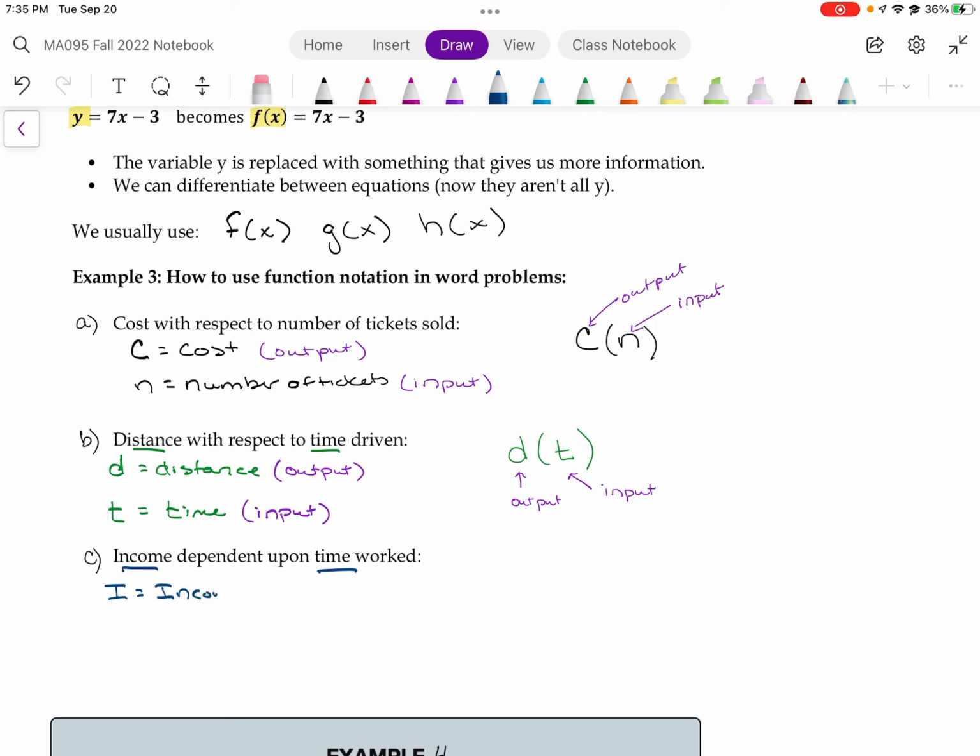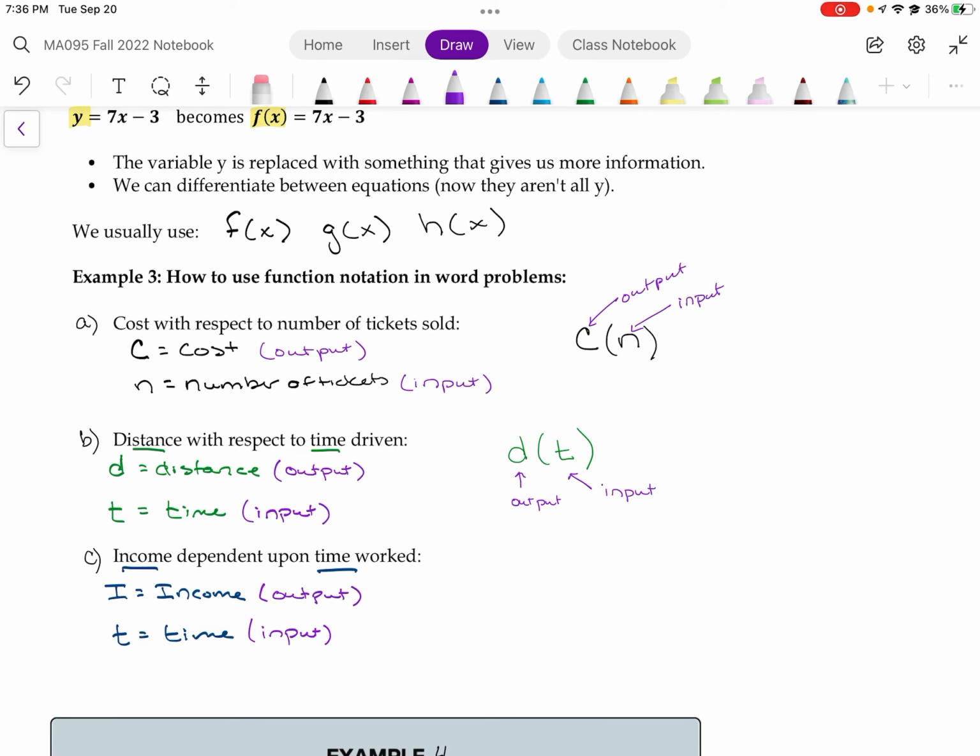Income, and you can use a small or big, it doesn't really matter. And T equals time. All right, so think about which one is independent and which one's dependent. Which one's the output and which one's the input? What do you put in? Well, time, again, is input, always. Output is how much you make. Okay, you work and then you make some money.